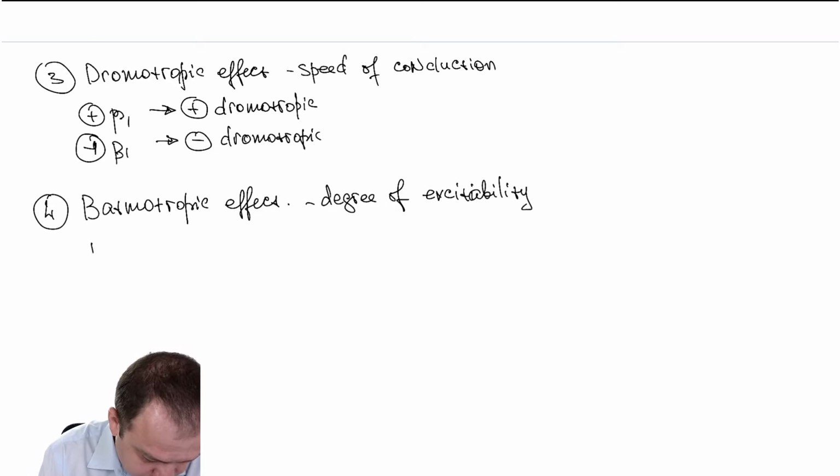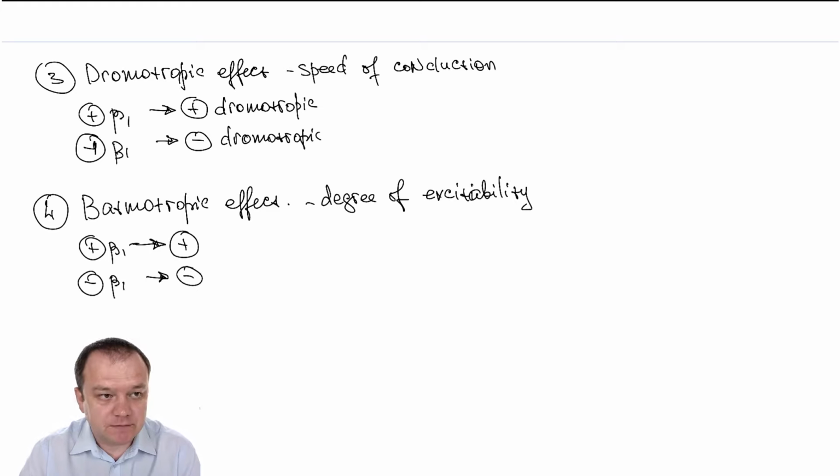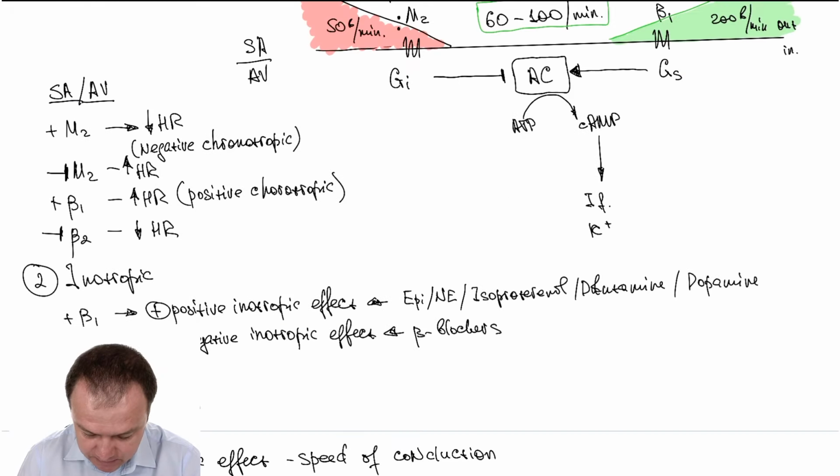Again, stimulation of beta 1 produces positive effect. Blockade of beta 1 adrenergic receptors produces negative effect. I hope this concept is understandable.